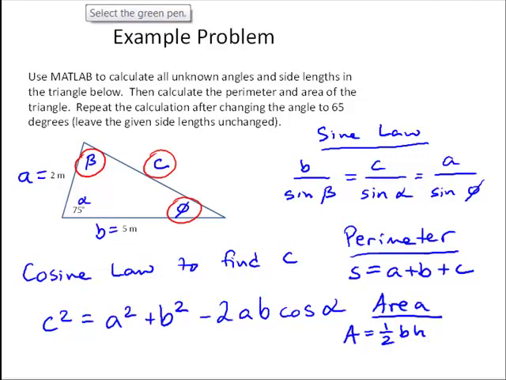Well, we can define the base and the height. If we drop a perpendicular like that, then our base would be b, the same b, and our height would be a times the sine of alpha. So we've got pretty much everything we need here, and now let's move over to Matlab and solve this problem.